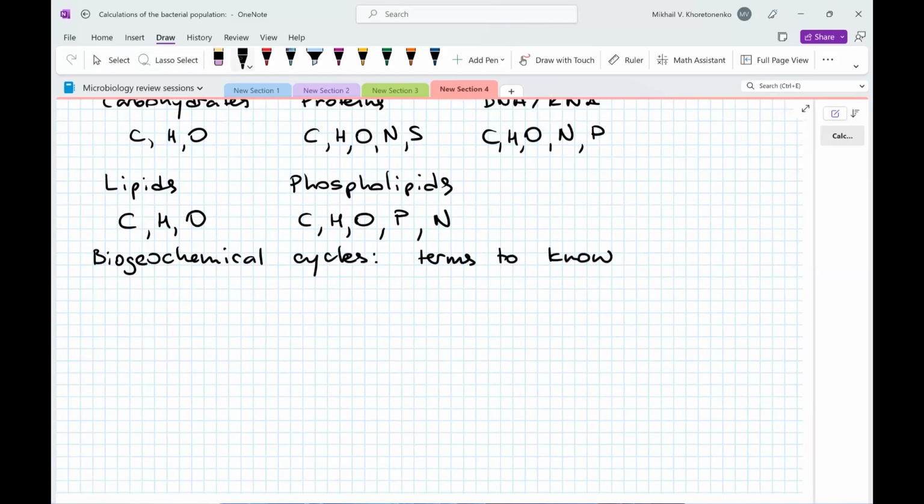Terms to know. Okay, so let's start with the carbon cycle.